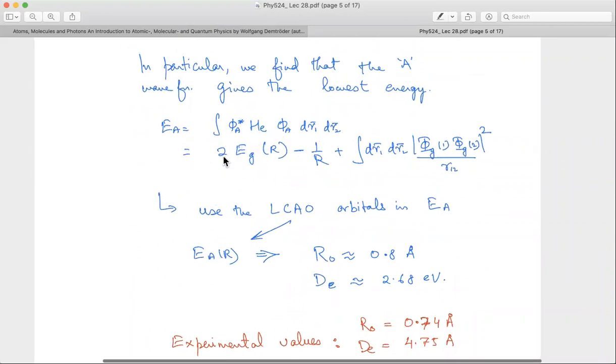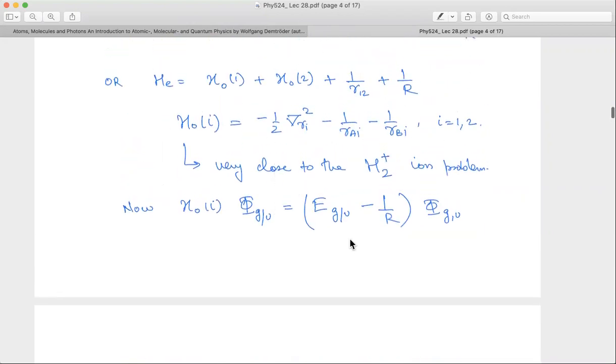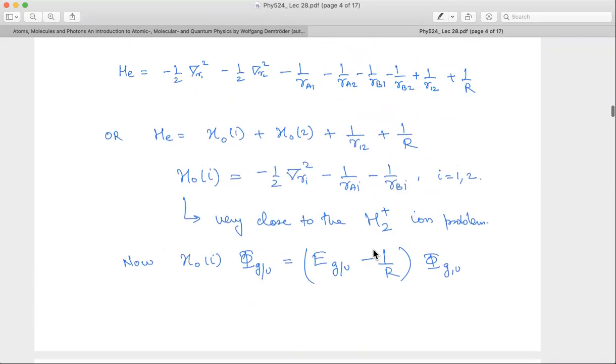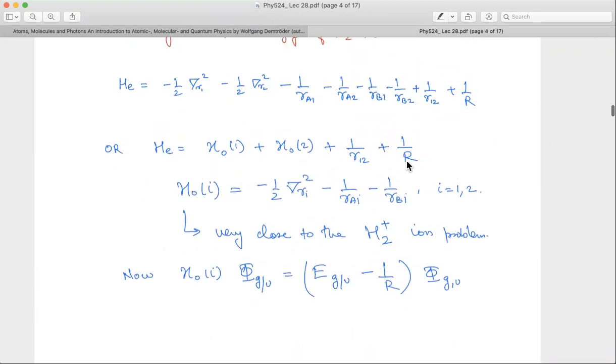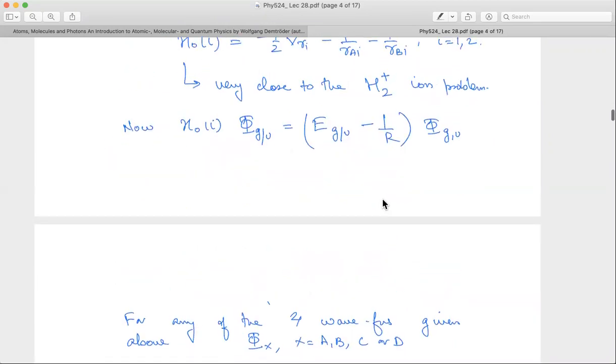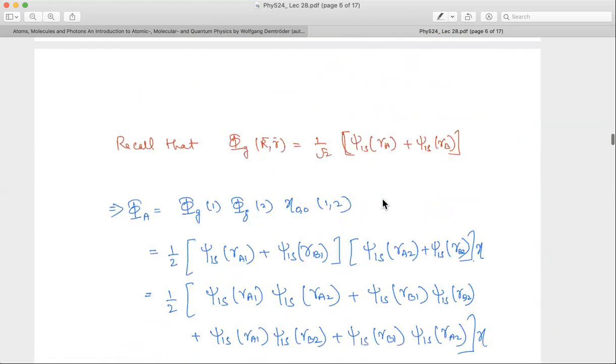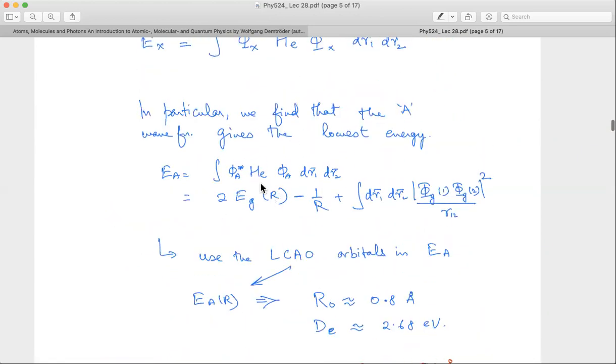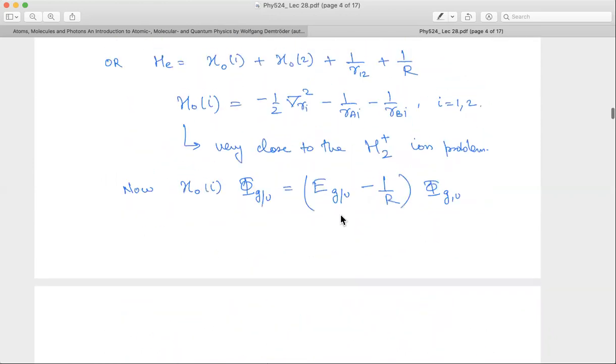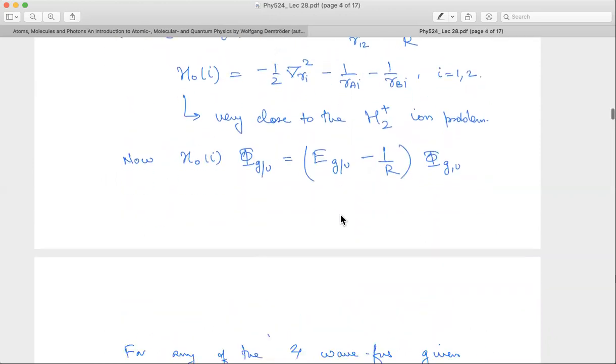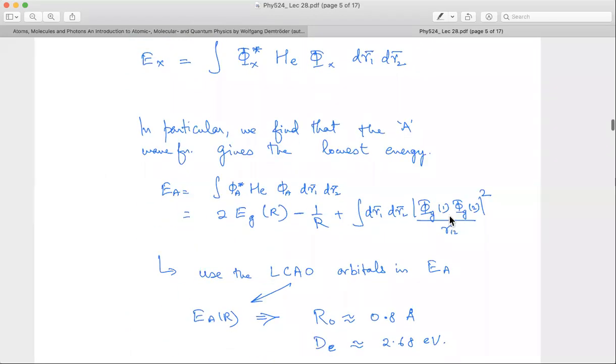So we get 2 times Eg of R, of course, Eg of R I was expecting, right? And then I already had a factor of 1 by R. So in one, I will not subtract this 1 by R. In the other, I will subtract this 1 by R. So I get 2 Eg minus 1 by R, right? And then I have an extra term compared to the H2 plus ion problem, which is this 1 by R12.